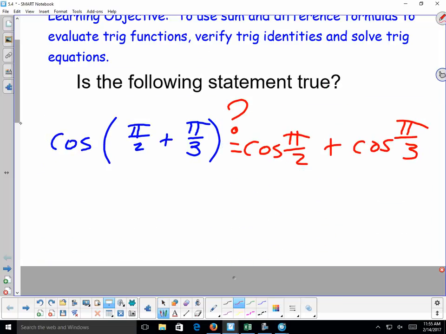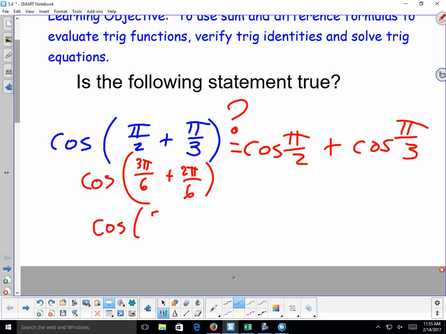If I wanted to do pi over 2 plus pi over 3, I need a common denominator here. So is that 3 pi over 6 plus 2 pi over 6? Yeah, I'm just adding these. So on the left side, I'm really trying to find cosine of 5 pi over 6.